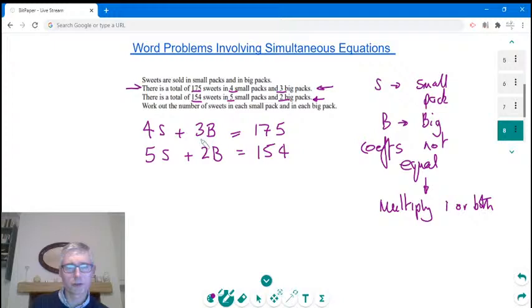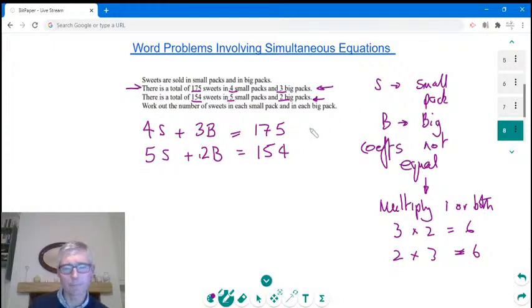I'm going to target the B here. We've got a 3 and a 2 as the coefficients for the B. So I'm going to times the top one by 2, which will give me a 6, and times the bottom one by 3, which will also give me a 6, which is what I want, because I want the coefficients to be the same.